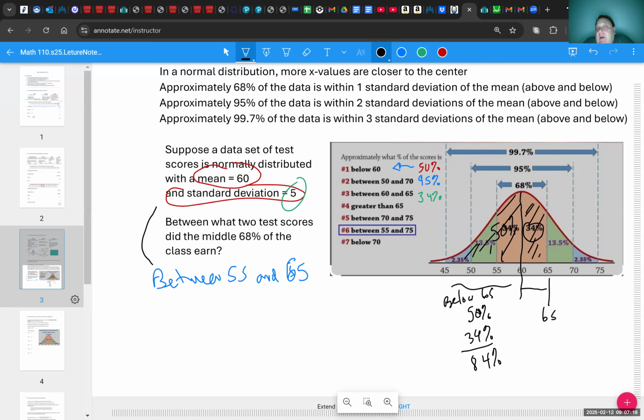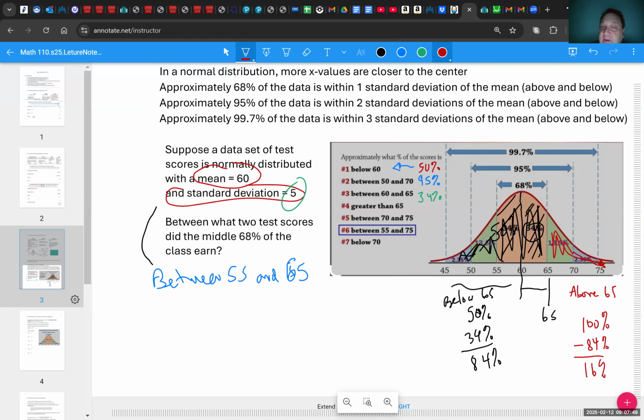And if you remember, there's only 100%. All the data is 100% of the data. None of the data is 0% of the data. Half of the data is 50%. 100% is all the data. We know that there's 84% in this stuff over here. So the rest of it has to be up here, even this little smidgen. So for the above 65, I would take the 100%, which is all the data, subtract off the 84%, and the answer is 16%.